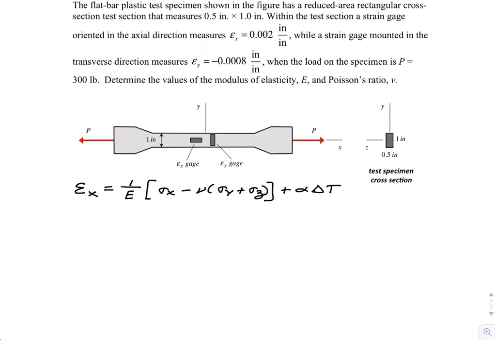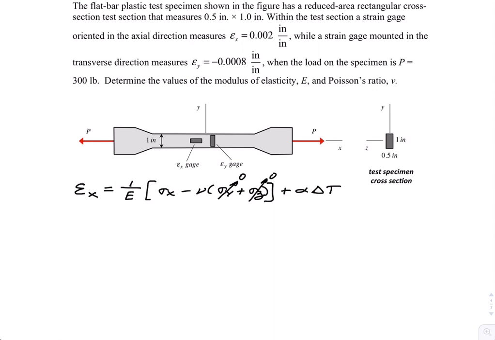This case has a uniaxial load, so we have only sigma x, and sigma y and sigma z are equal to 0. We're not running the test under any change in temperature, so the right-hand side reduces down to the usual form of sigma x divided by E.